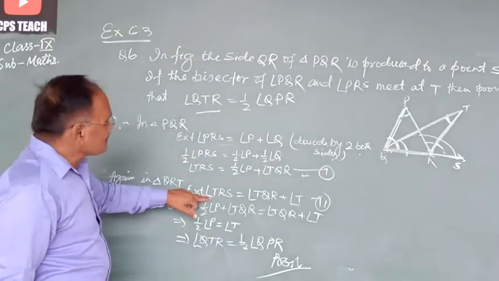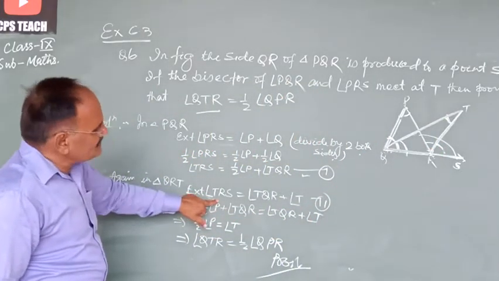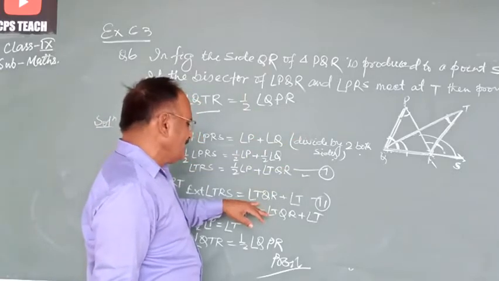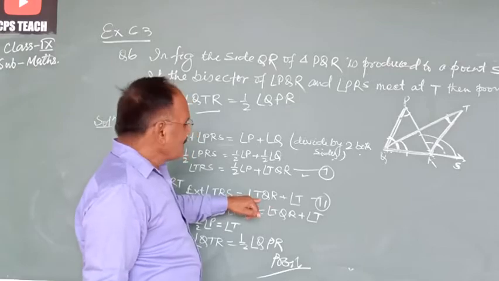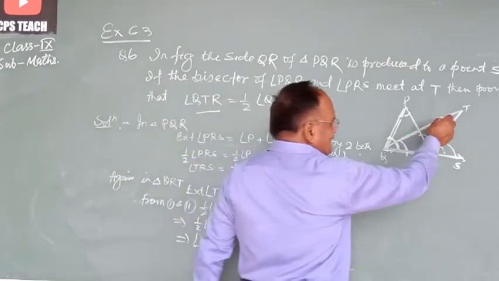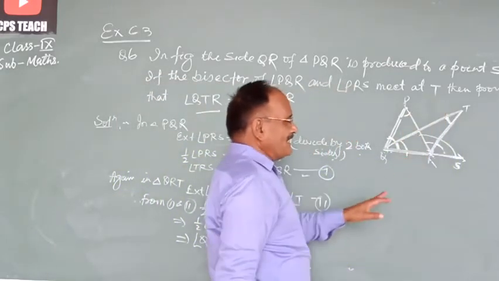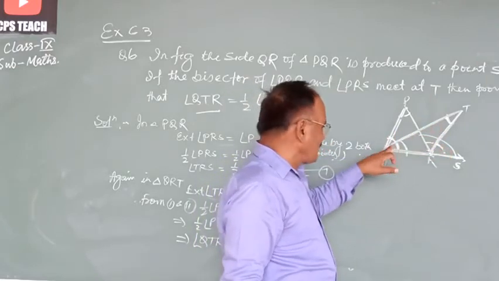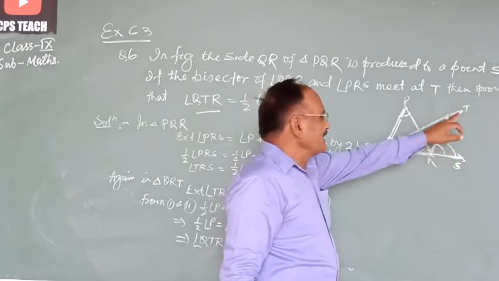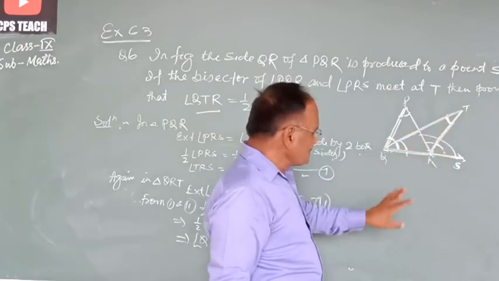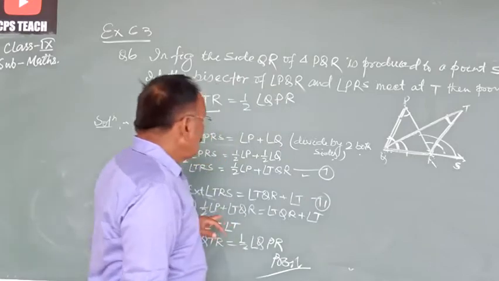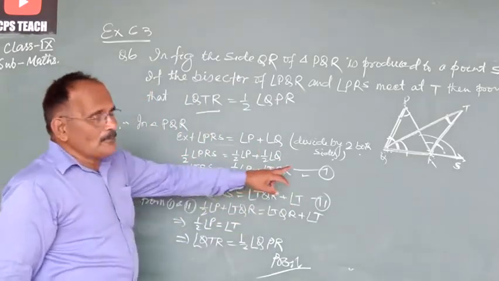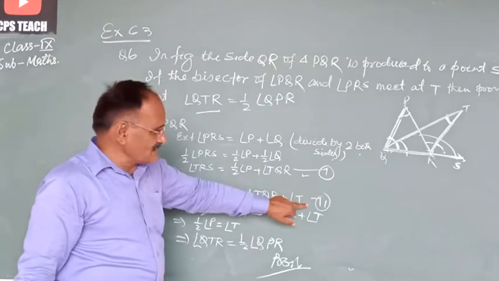So exterior angle TRS is equal to the sum of two interior angles, it means TQR plus angle T. We know that in any triangle the exterior angle is the sum of two interior opposite angles, so angle TRS is equal to angle TQR plus angle T. Now this is the second equation.